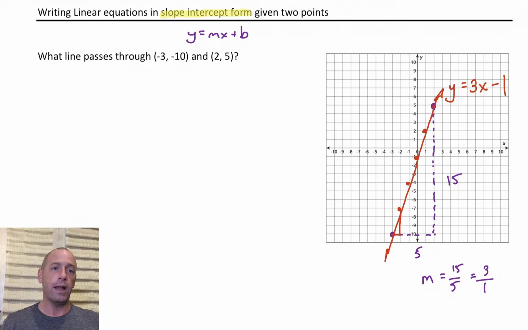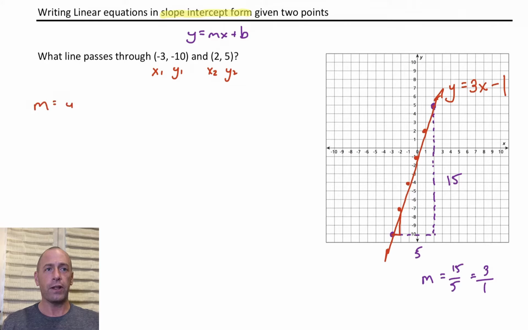Now suppose you didn't have a grid. What did we do graphically that we can translate into our algebraic method? The first thing we did was to find the slope. And if you're given 2 points, you can find the slope using the equation y2 minus y1 over x2 minus x1.